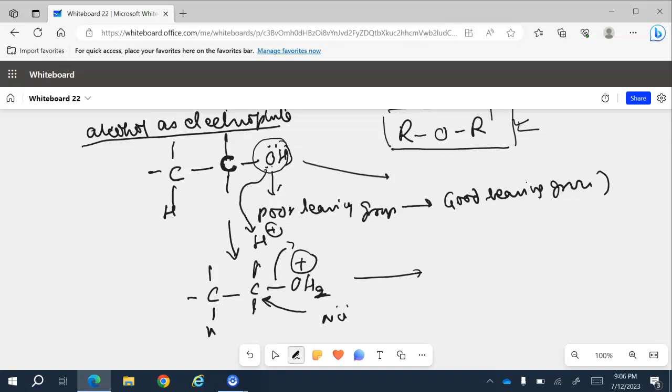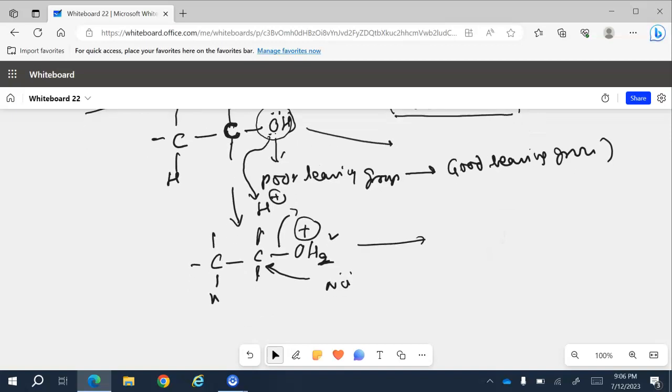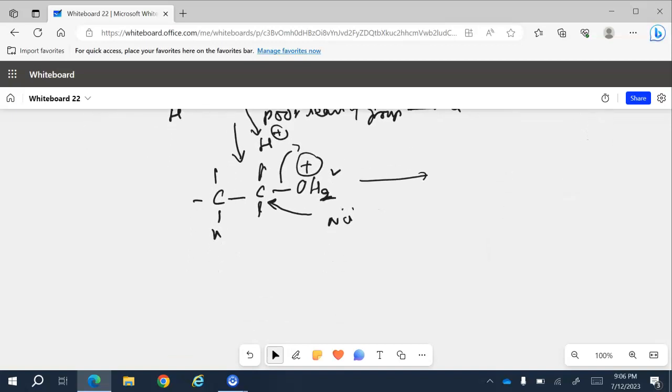But this water here is an inorganic compound, so we can make a better leaving group than that of water. That is when we use the tosyl group, or we can react that with para-toluene sulfonic acid, or TsOH. That is what we can use in order to make that a good leaving group.